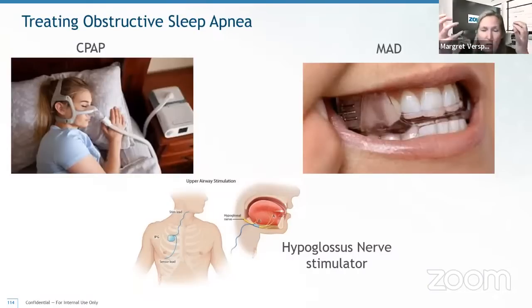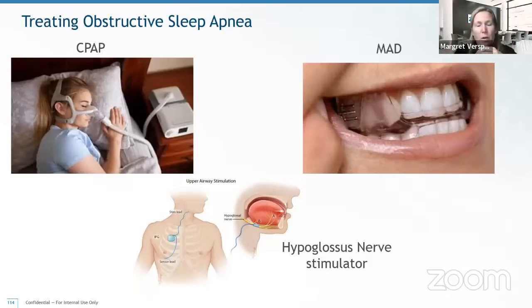You have different kinds of masks and different kinds of devices. You also have bi-levels, so BiPAP, with a higher pressure on inspiration and lower pressure on expiration. But you need to wear it every night to keep the airway open.